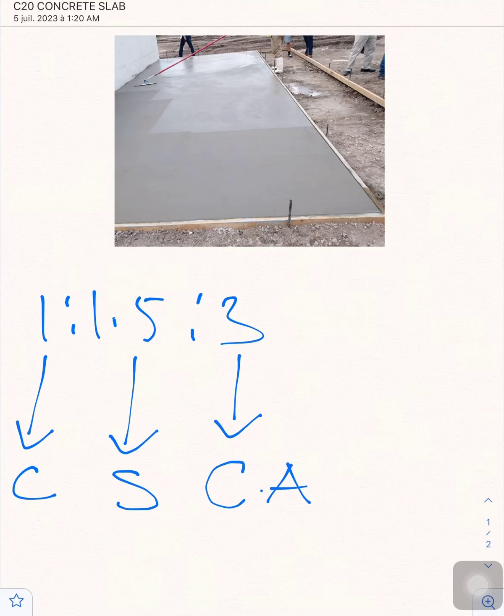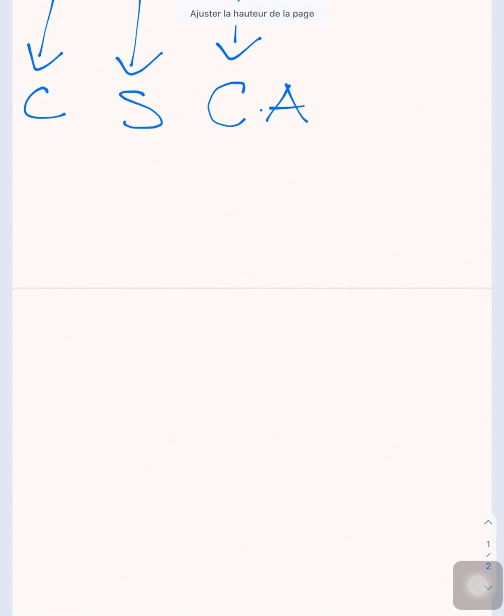So this is the ratio that is used in the designing of C20 type of concrete. And so this is what we are going to design today. This slab that you're seeing in the picture, how do you design it? How do you know the number of cement bags, the quantity of sand, the quantity of coarse aggregate is what we want to show you this morning.